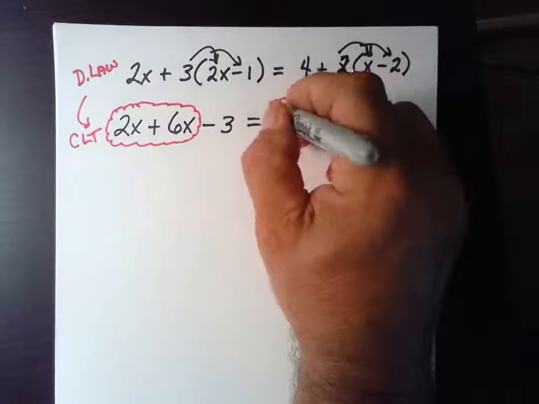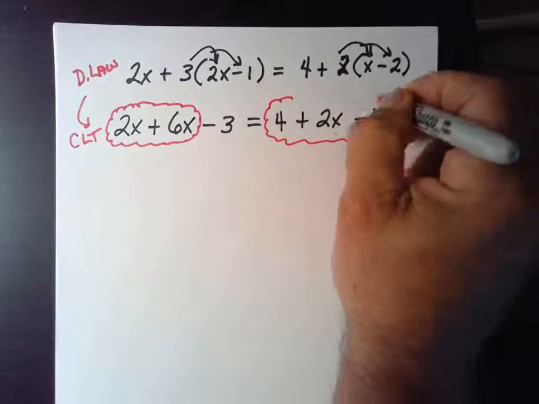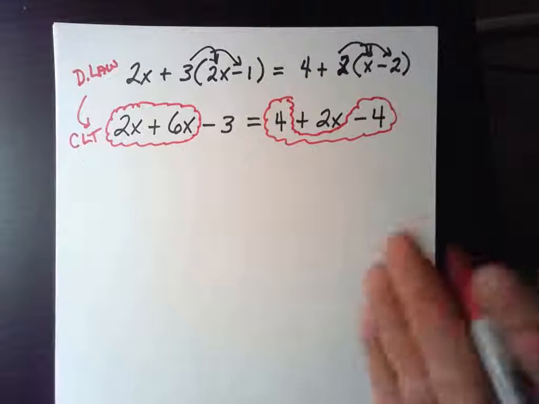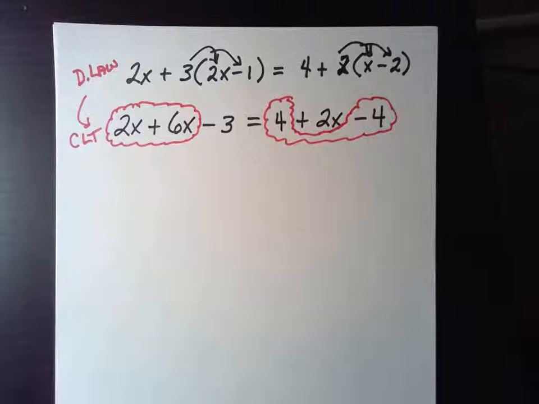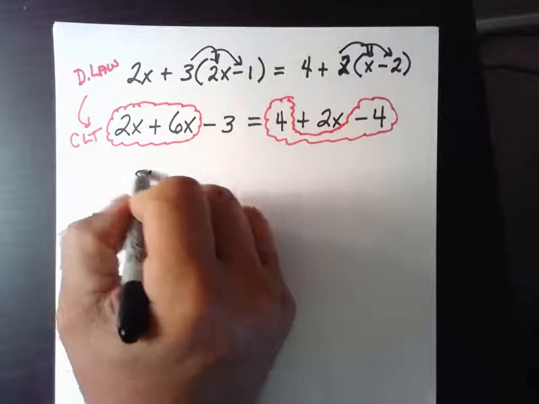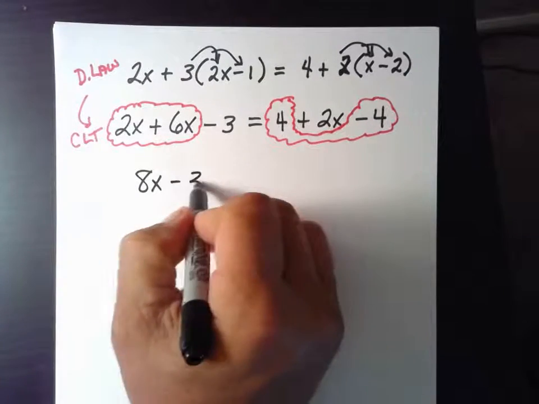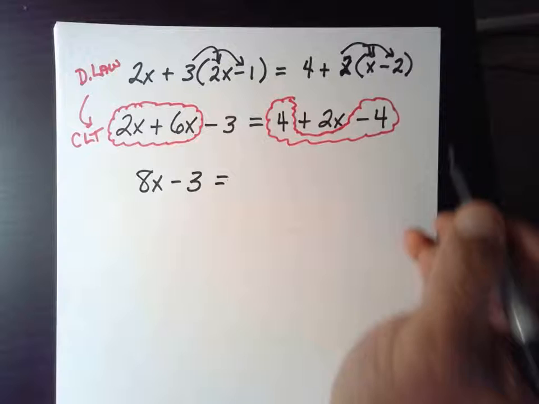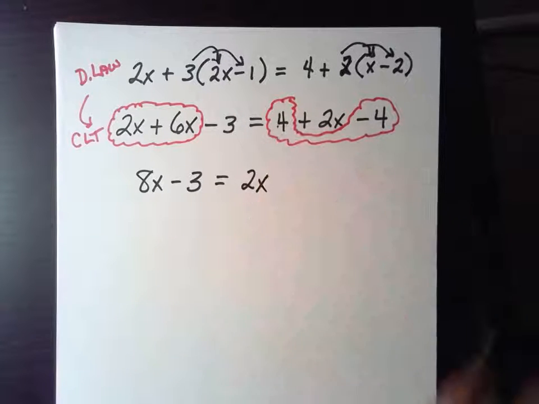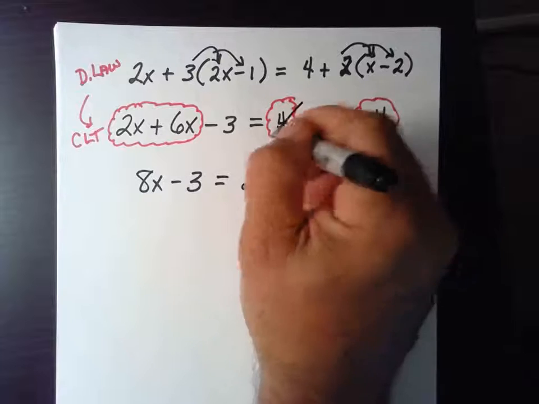And these two right here are like terms. So your next step in this algebra equation is to combine the like terms. 2x plus 6x is 8x. And 2x, and what is 4 minus 4? Oh my goodness, they cancel out.